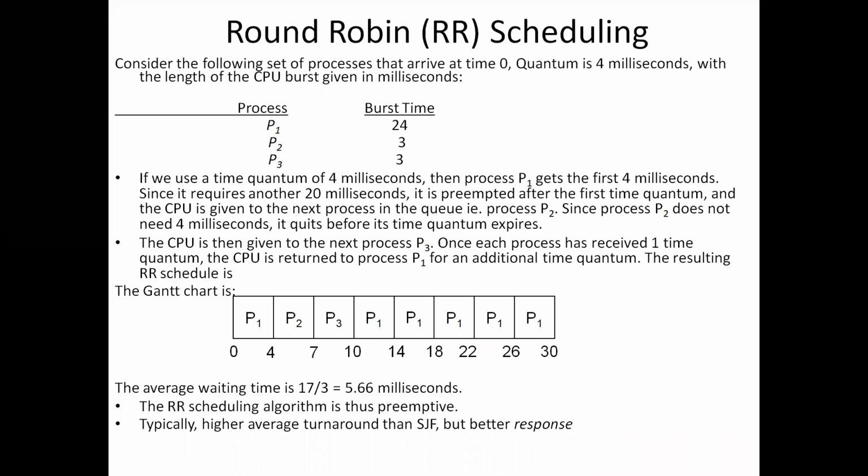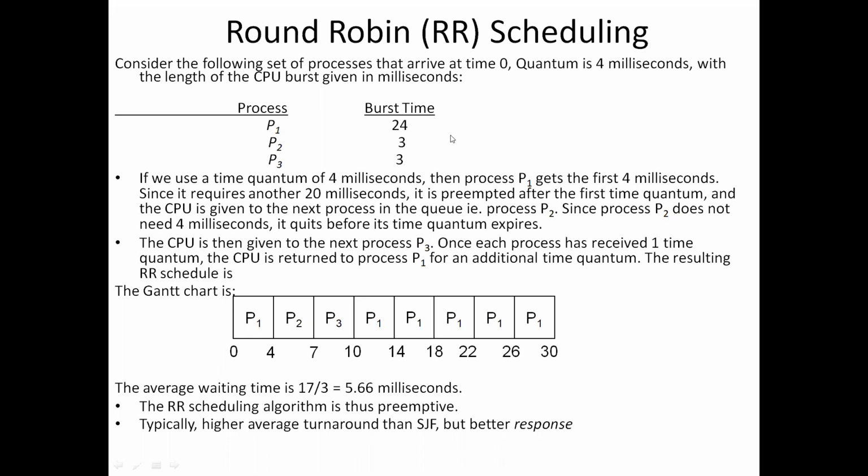The length of CPU bursts is given in milliseconds. We have 3 processes, process 1, process 2, process 3, and their burst times are given as 24, 3, 3.